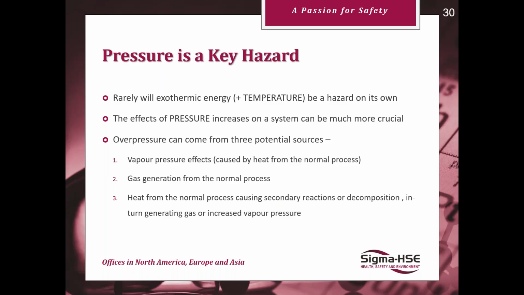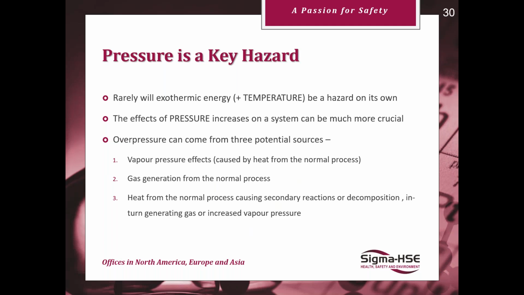Now, clearly, temperature and pressure are linked. High temperatures lead to higher vapor pressures, and then those high temperatures have the potential to trigger the secondary reactions and decompositions. Both of those can potentially generate permanent gas, and this pressure generation is on top of any usual gas generated from the reaction.